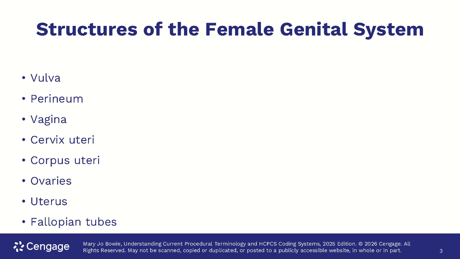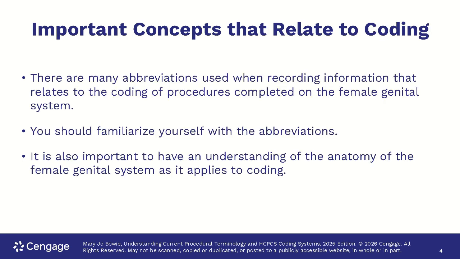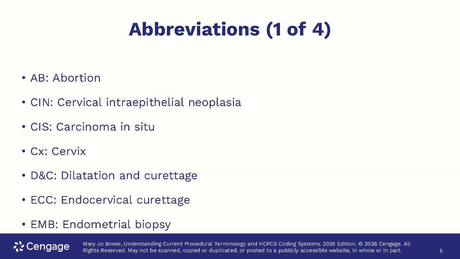So, after you go over the main structures of the system, it is important to know that there are lots of abbreviations that pertain to the female genital system. You're going to see them in medical records. So here are 4 slides of abbreviations.